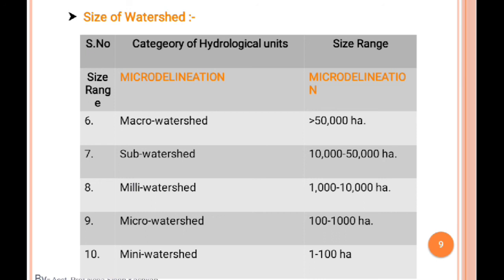This is very important, we need to remember this. In macro watershed, an area of more than 50,000 hectare is required, in sub watershed 10,000 to 50,000 hectare, in milli watershed 1,000 to 10,000 hectare, micro watershed 100 to 1,000 hectare, and mini watershed 1 to 100 hectare.